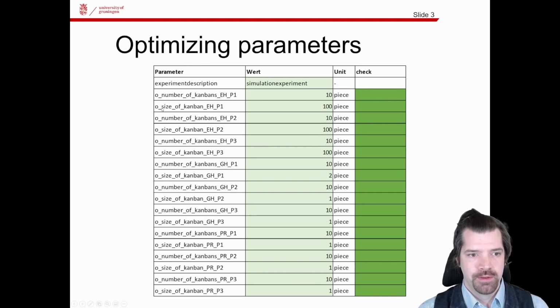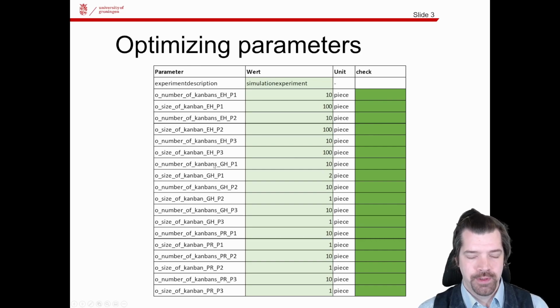We can see here the size of Kanban for the retailer, both for product 1. Then we have the number of Kanbans and the size of Kanbans for the retailer for product 2, for product 3. That means all retailers, we have 4 retailers, behave in the same way.